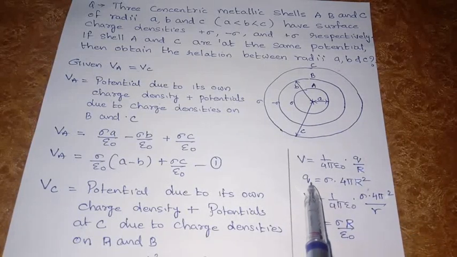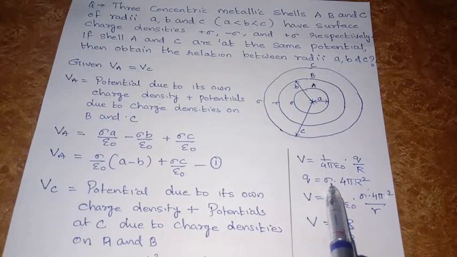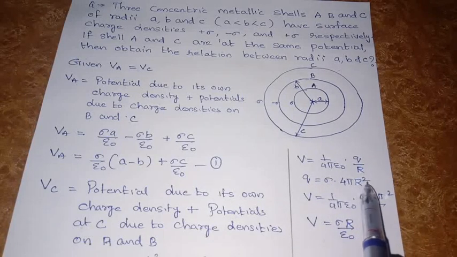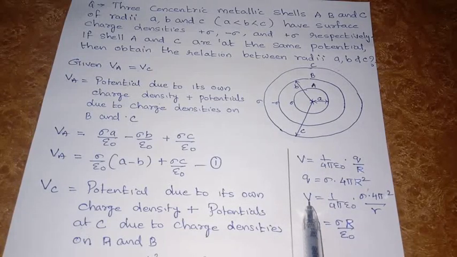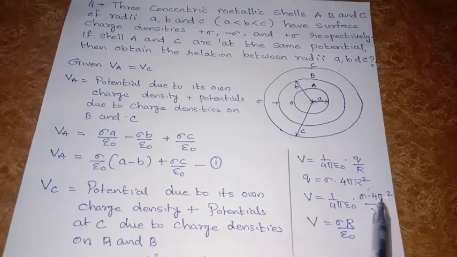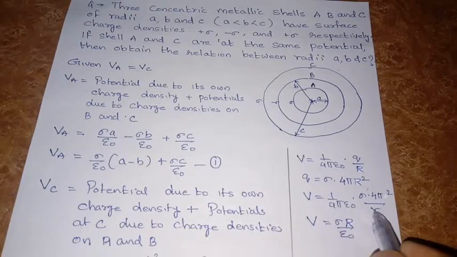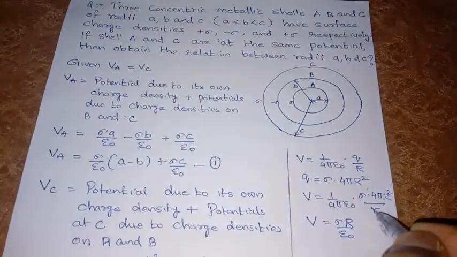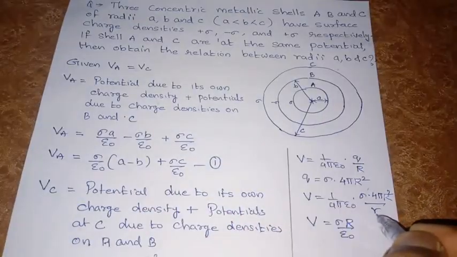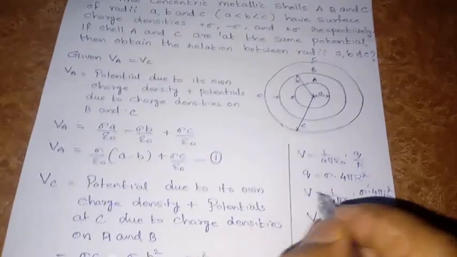We already studied the charge given Q is equal to surface charge density into 4 pi r square. So if I substitute this equation here, I will get potential due to a sphere 1 by 4 pi epsilon 0 into sigma 4 pi r square divided by capital R. Yeah, it is capital R.